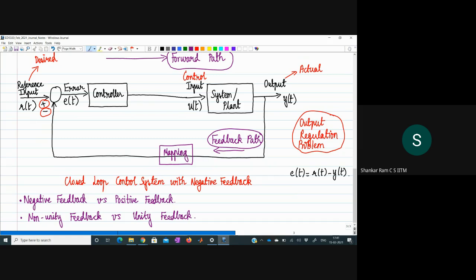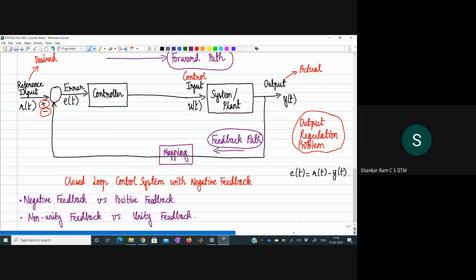If we are dealing with non-unity feedback, the mapping in the feedback path is not equal to 1. This may come because we may have an integral, as we just discussed. Say we are measuring yaw rate with a gyro, we want the heading angle, and we do an integral operation. Then we have non-unity feedback. This is the difference between non-unity and unity feedback.